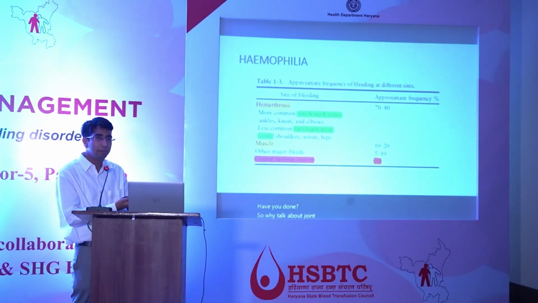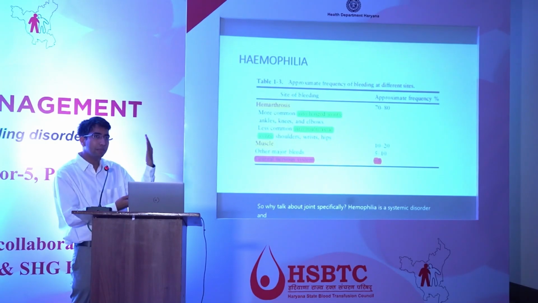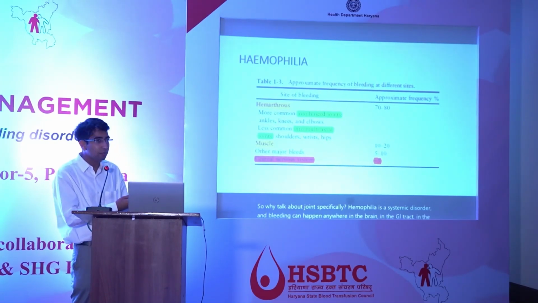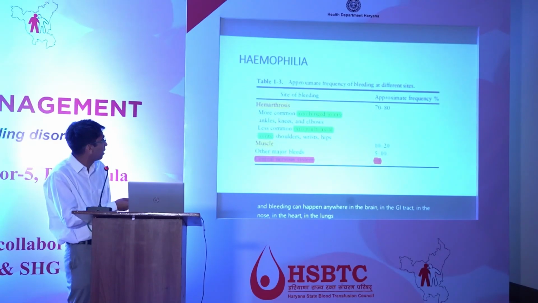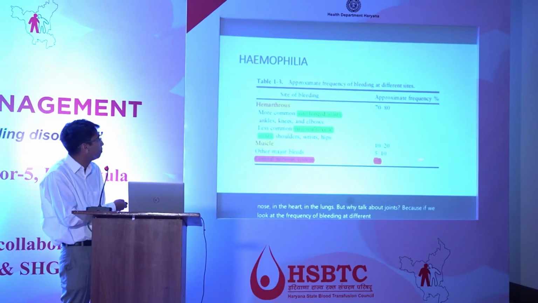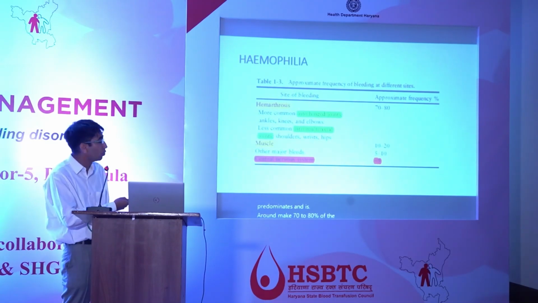Hemophilia is a systemic disorder, and bleeding can happen anywhere, in the brain, in the GI tract, in the nose, in the heart, in the lungs. But why talk about joints? Because if we look at the frequency of bleeding at different sites, hemarthrosis predominates and makes 70 to 80% of the total bleeds which these patients suffer with.